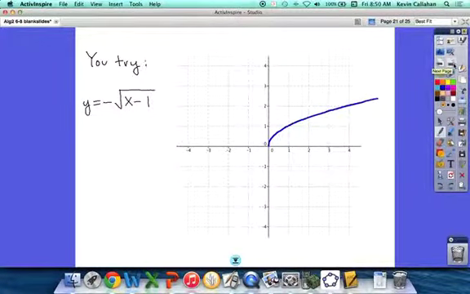So try to do the same thing. This time it's minus outside again, but it's -1 inside, which means sketch a graph.